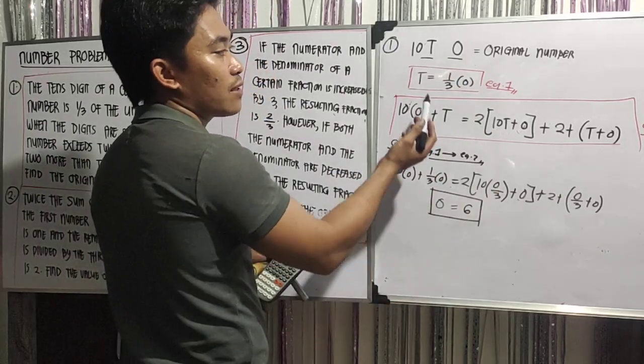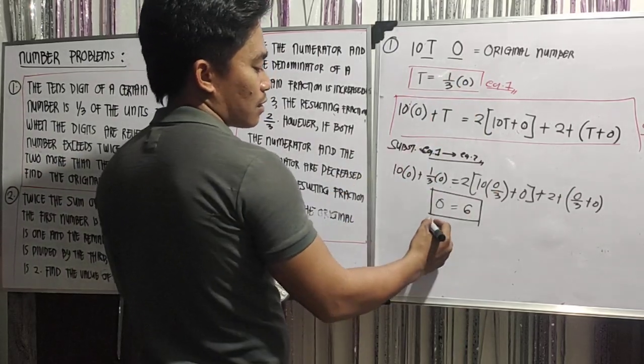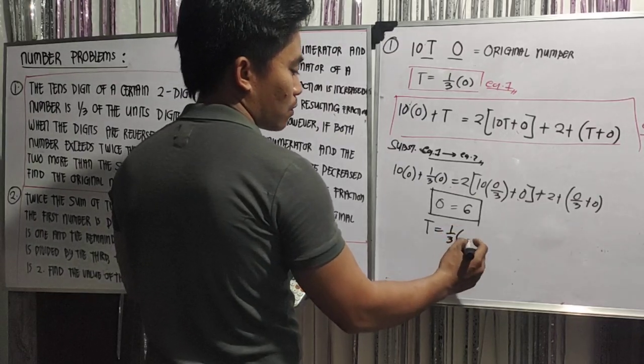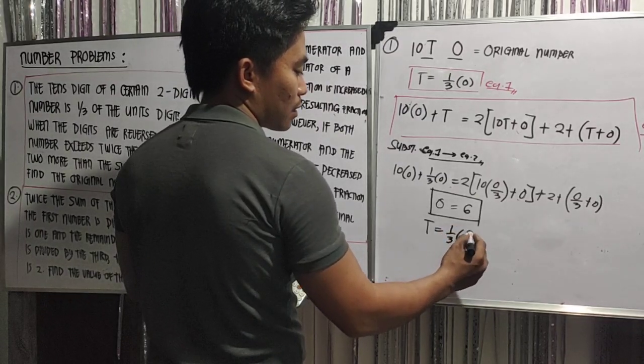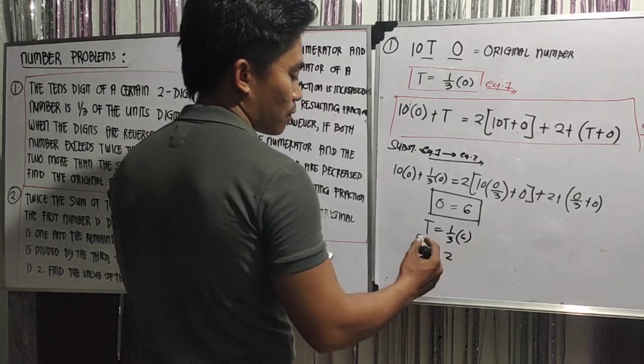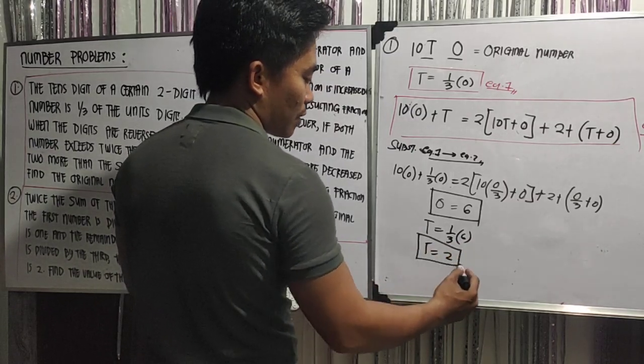So, what is the value of the tens digit? Of course, T is just 1/3 of O, which is 6. So T is equal to 2, since 6 over 3 is simply 2.